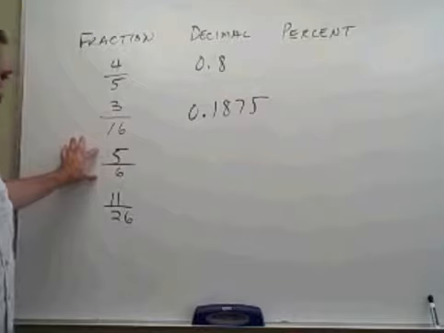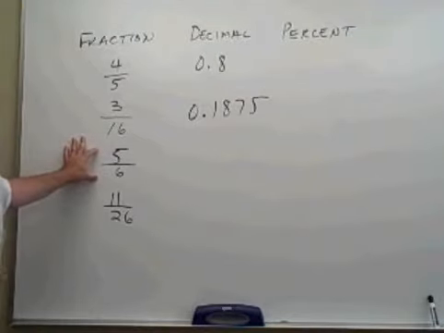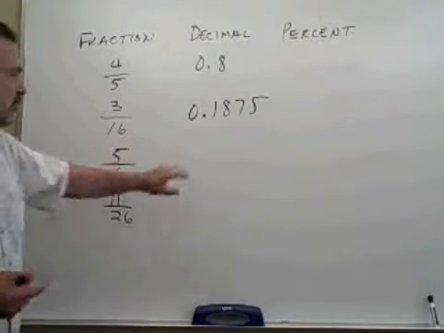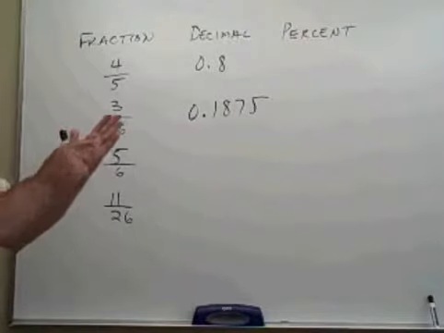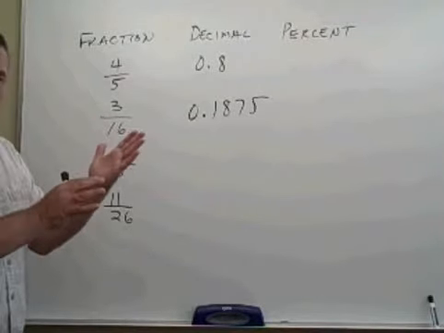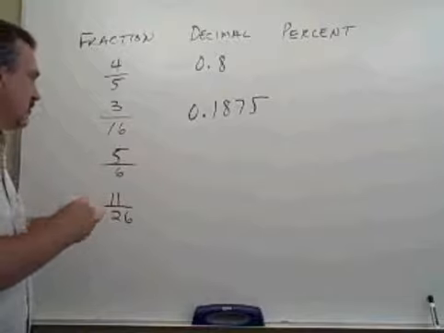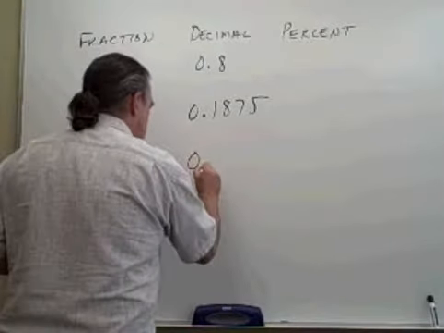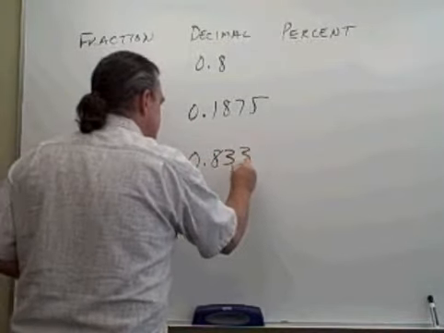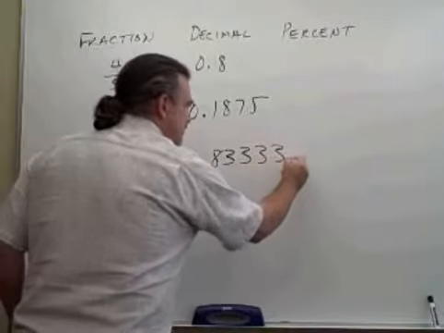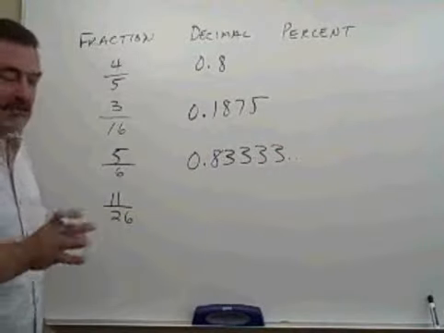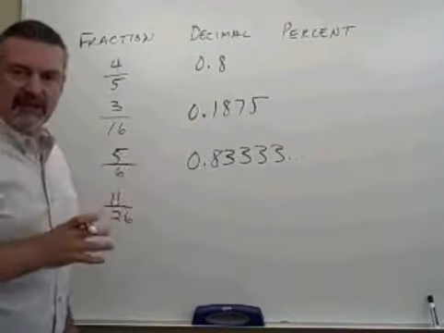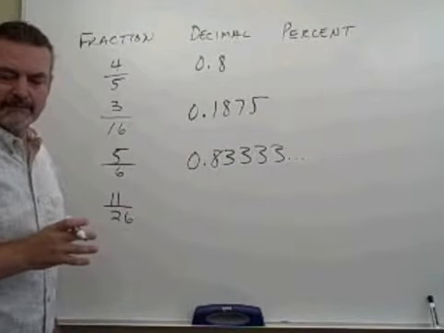But if we take 5/6 and we convert it to its equivalent as a decimal, when we put the 5 into our calculator, hit the divide sign, put in the 6, hit the equal sign, this is what we will see displayed. And it would continue to display 3's until it filled the display of our calculator.